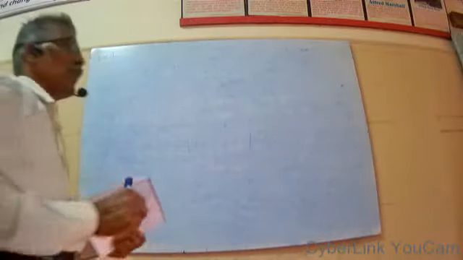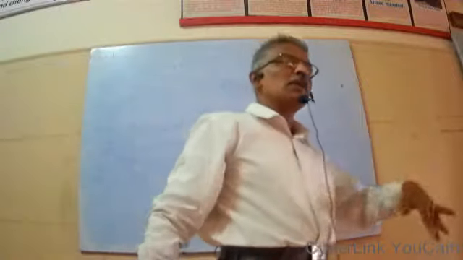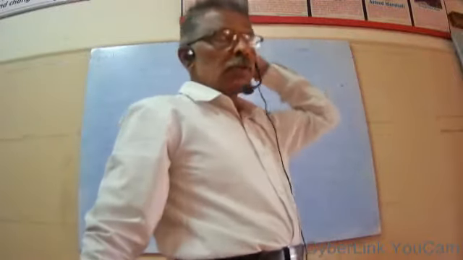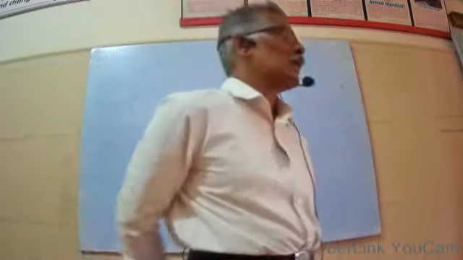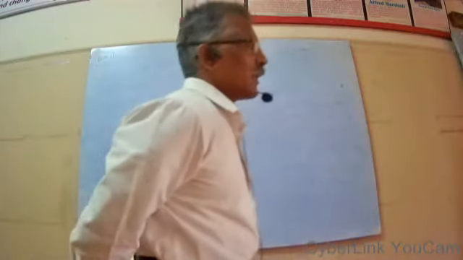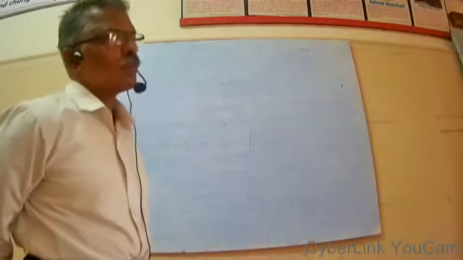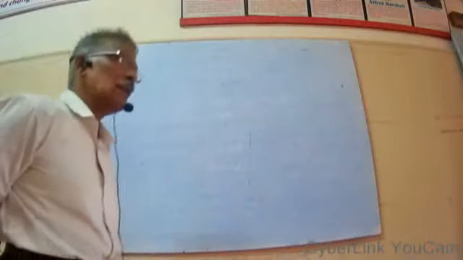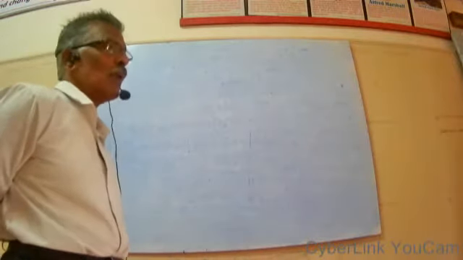Using that arbitrary number, we take the deviations of the given observations. So suppose you have a set of observations with different frequencies. Then the next step is to choose an arbitrary number A, normally the middle value.